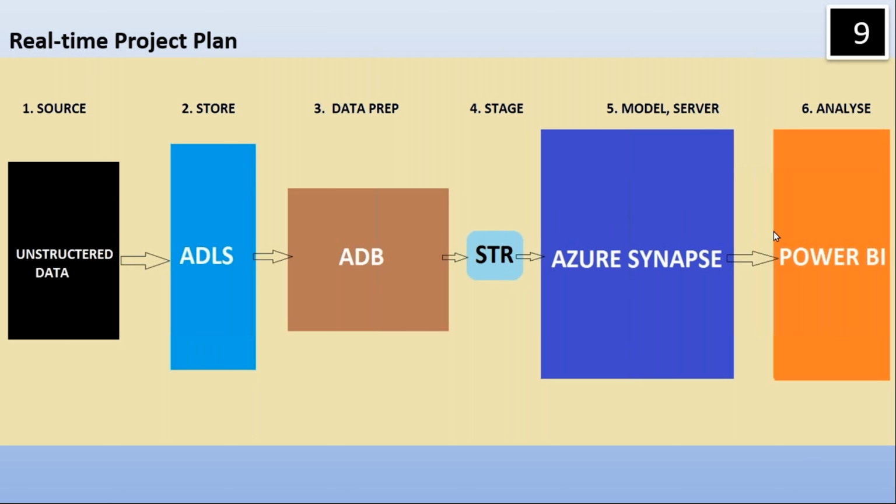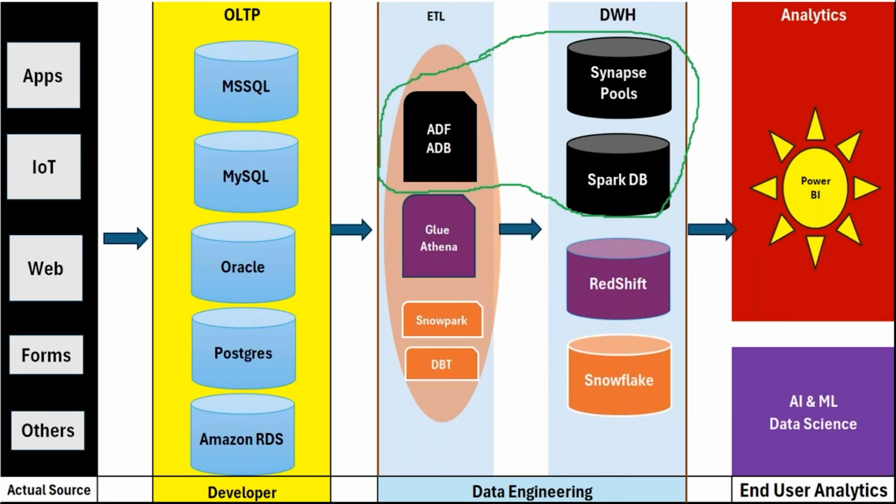We need to learn Power BI connections. Core Power BI data analytics is a separate 1-month course. But as a data engineer, we should have knowledge on how to connect. What to connect? Yes, these two: Synapse to Power BI and Spark to Power BI.